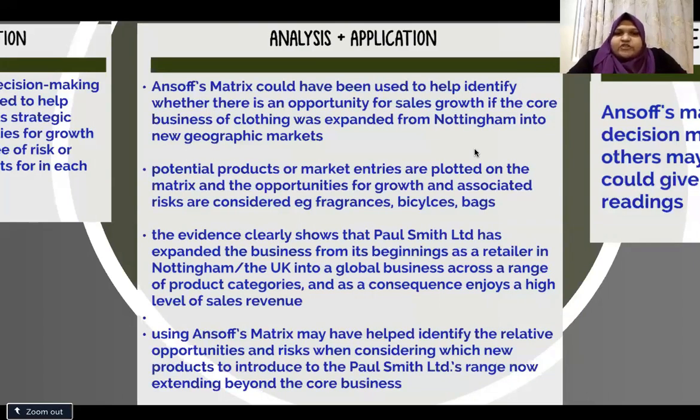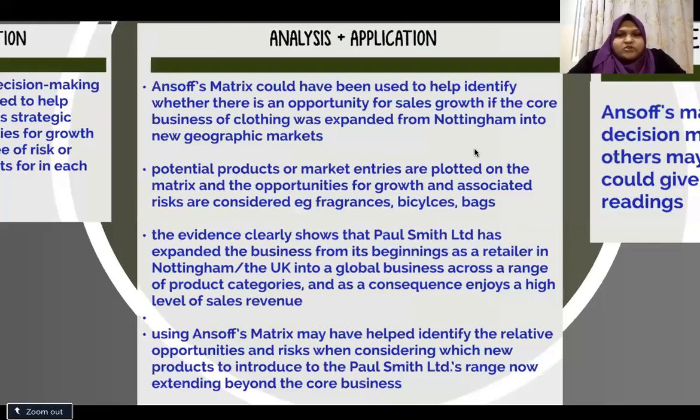The evidence clearly shows that Paul Smith Limited has expanded the business from its beginning as a retailer in Nottingham. It started with the UK and he moved into global business across a range of product categories, and as a consequence enjoys a high level of sales revenue. So by using the Ansoff matrix, he was able to come up with strategies for his business which ended up giving him very high sales revenue.